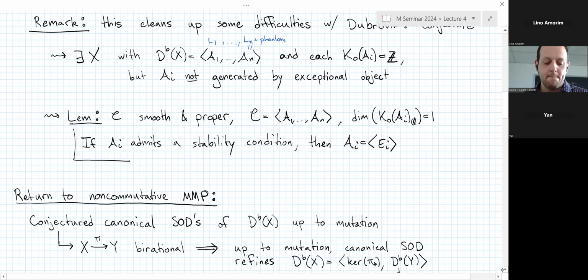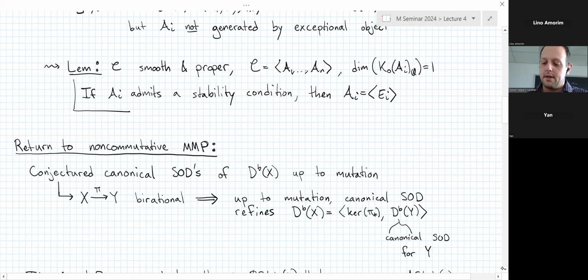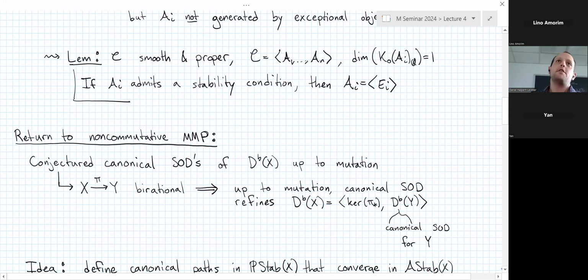So I just want to return to the noncommutative MMP now that we have this perspective of this compactification and how semiorthogonal decompositions are related to stability conditions. In the first lecture, I explained this conjecture of canonical semiorthogonal decompositions up to mutation.